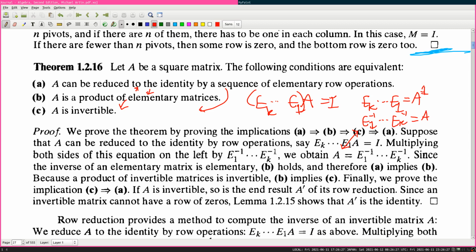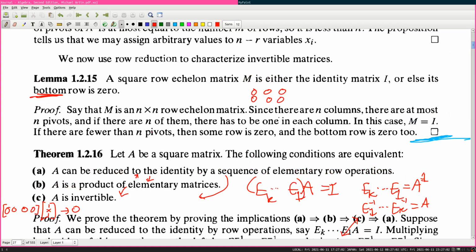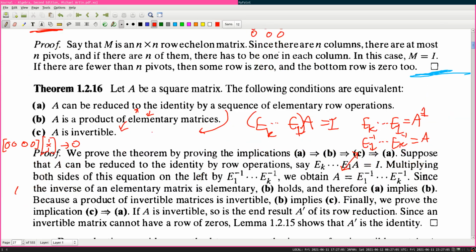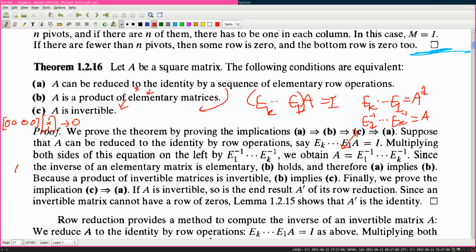So if you have a row of zeros in a matrix and you multiply it by a column vector, let's just call this x, this will always go to the 0 scalar. Then if you put something that isn't 0 there, there's no solution, so it can't be invertible. Since an invertible matrix cannot have a row of zeros, Lemma 1.2.15, which I assume is for a square matrix, shows that A prime is the identity. QED. Okay, phew.